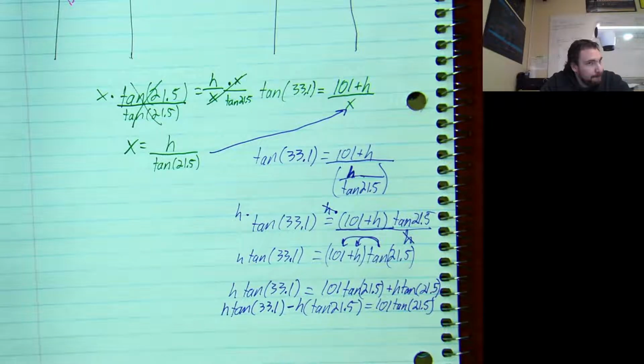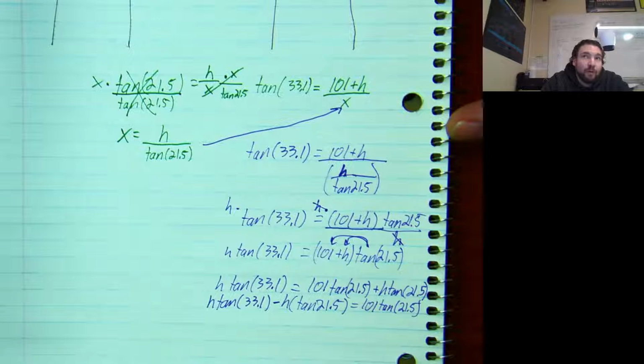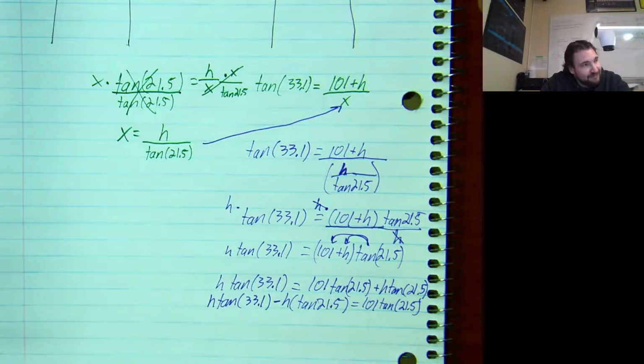We're going to use all the skills that you've learned in Pre-Calc 10 and whatever you may have seen in any 11 course you took. I want to get h by itself. What can I do with h on that left-hand side?